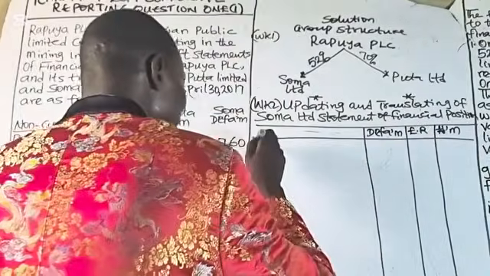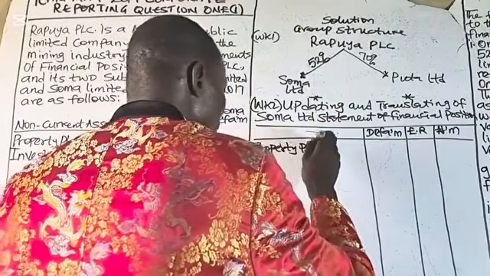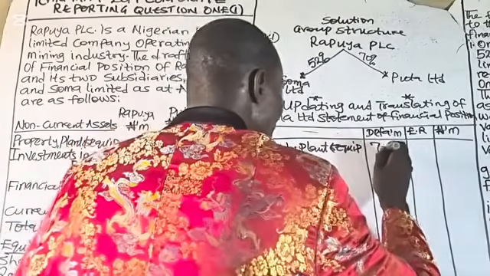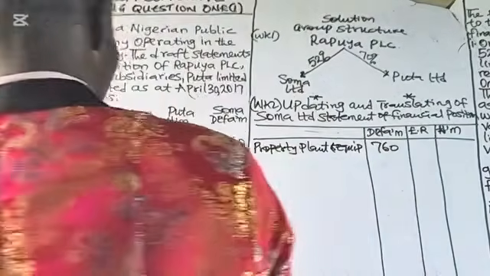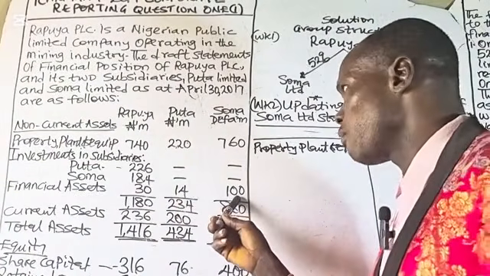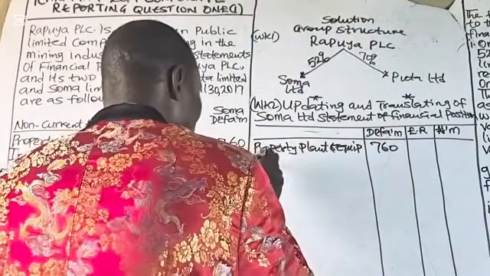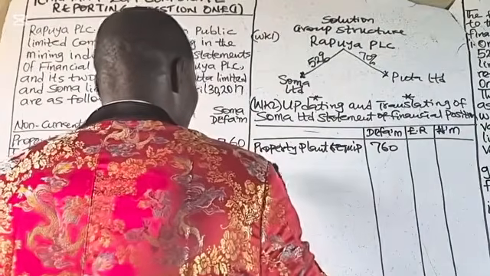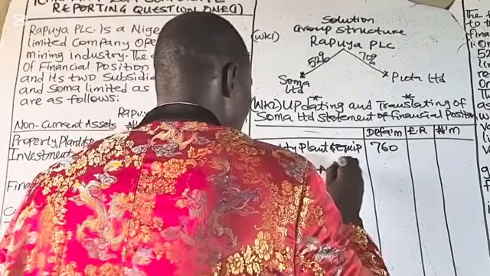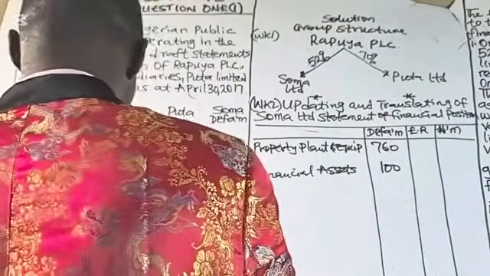Property, plant, and equipment, $760 million DEFAs. Then we equally have financial assets in the financial statement of Soma Limited. So financial assets. Financial assets of 100 million.